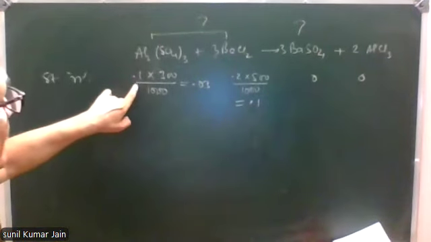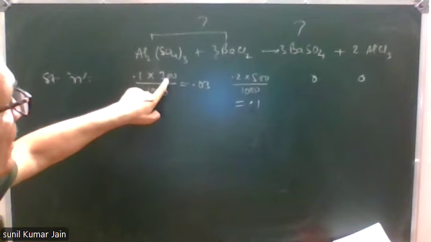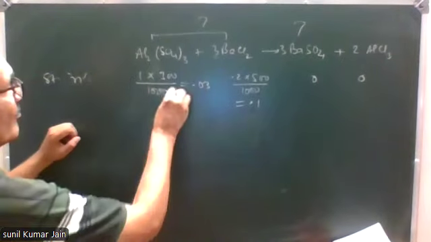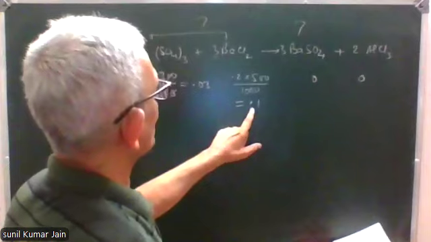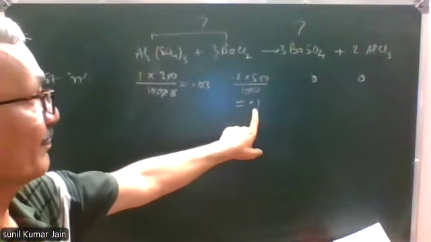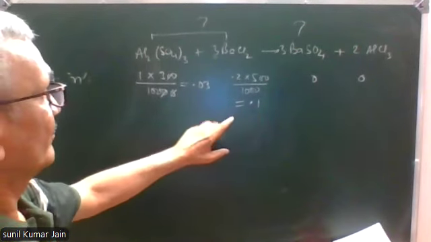Wait a minute. Let me check my calculation. 0.1, 300. Okay. And this one is okay. Now this will be slightly more than 0.03. It will come as 0.033 if you take it that way.